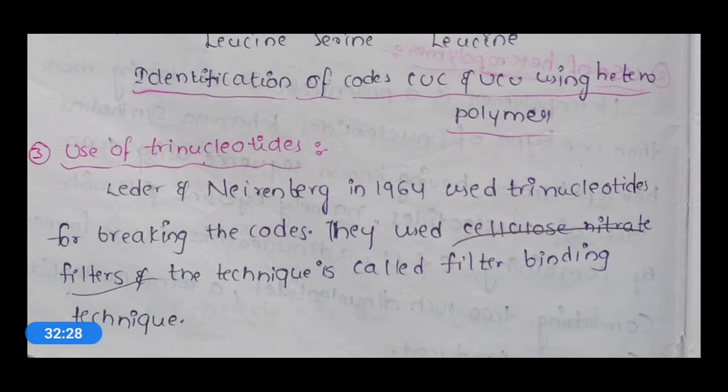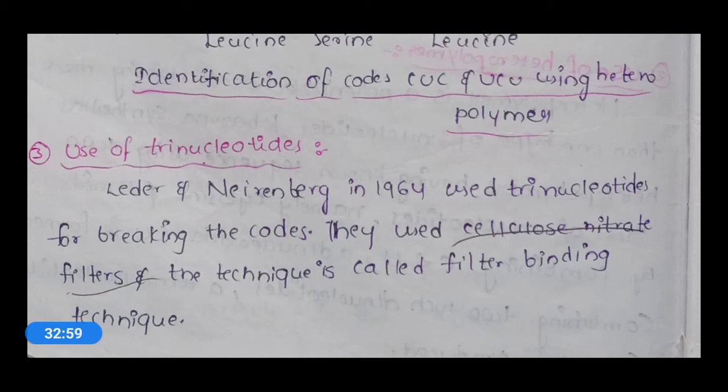Many scientists came in and got associated with Nirenberg, like Ochoa and Matthaei. Also, in this usage of trinucleotides, Leder is another scientist who got associated with Nirenberg for the deciphering of the genetic code.